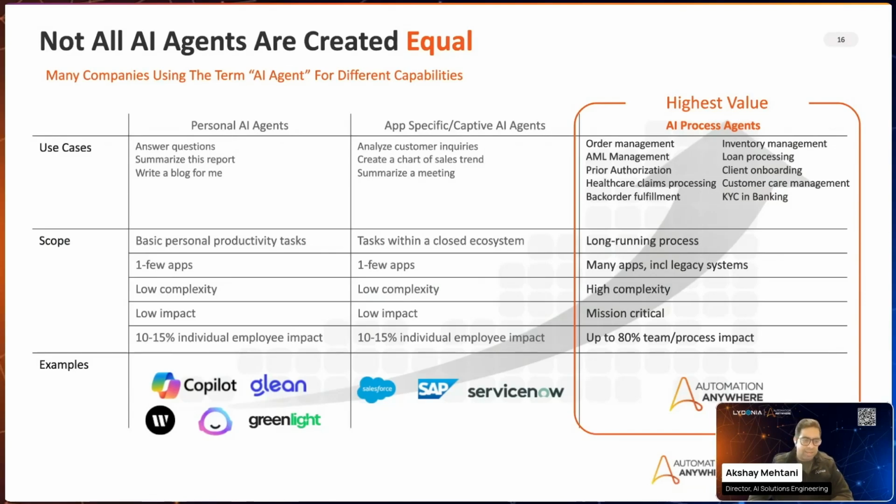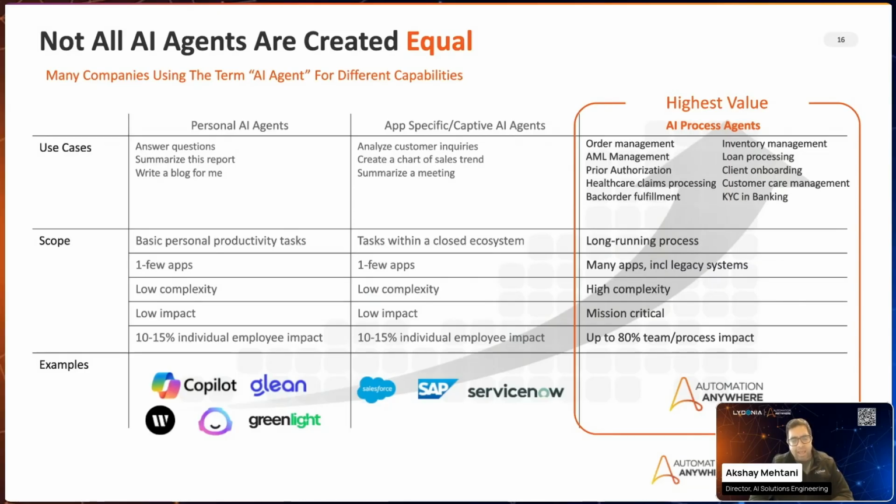There are the personal AI agents, right? Help me write an email, summarize this report for me, write a blog for me, those kinds of things. That is what we call personal productivity tasks. A lot of companies are doing that, and it's working great for them. But the impact you see from an employee productivity standpoint is just 10 to 15% or so.